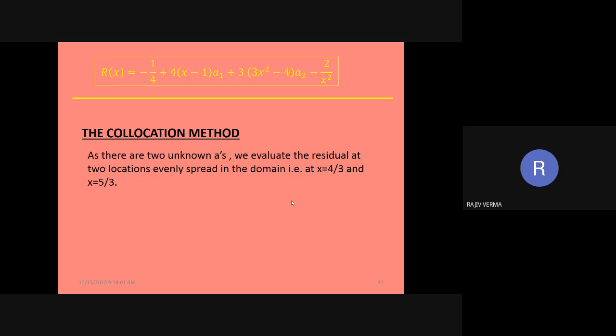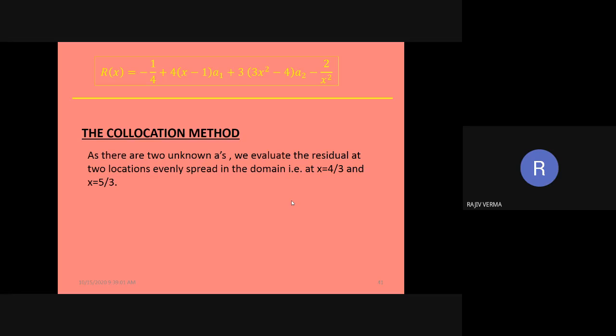As there are only 2 unknowns, we are going to evaluate the residual at 2 locations, and these 2 locations themselves are going to be evenly spread over the domain. And since the domain happens to be from x is equal to 1 to x is equal to 2, the 2 points where the residual is going to be evaluated are at x is equal to 4 by 3 and x is equal to 5 by 3.